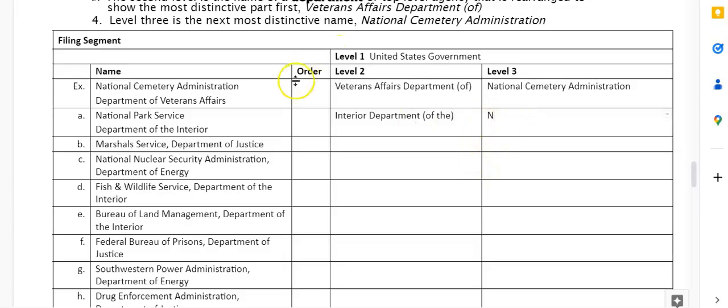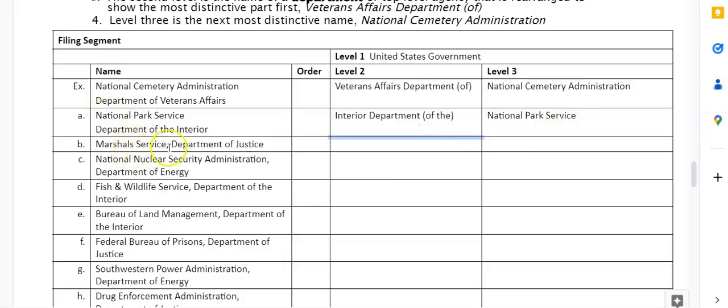And your level 3 is the next distinctive name, which is National Park Service. Okay, and we're doing it this way because the National Park Service is part of the Department of the Interior. So the Department of the Interior is more important than the National Park Service. So you can think of these as sub-levels, where the Interior Department is below the United States government, and below the Interior Department is the National Park Service.